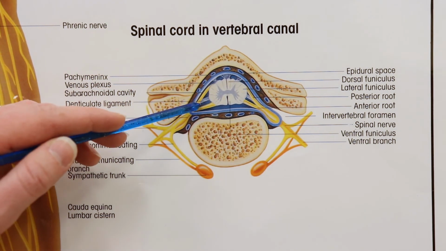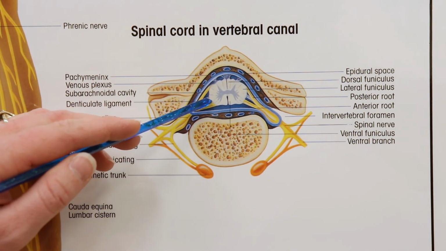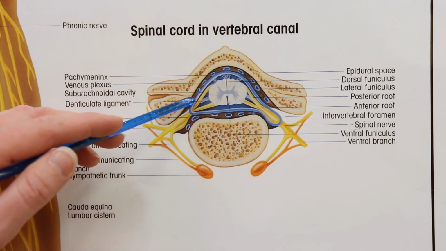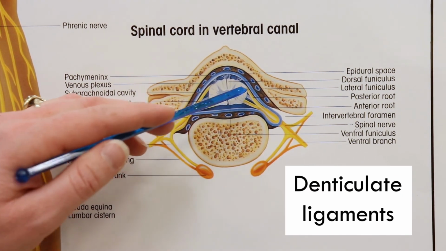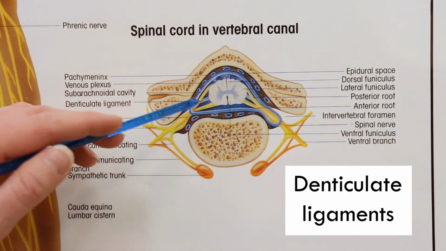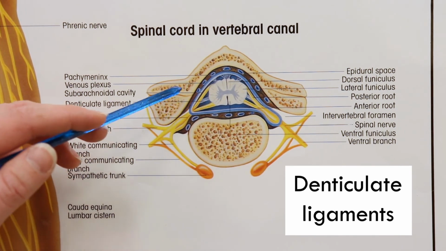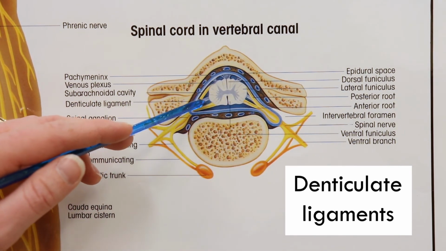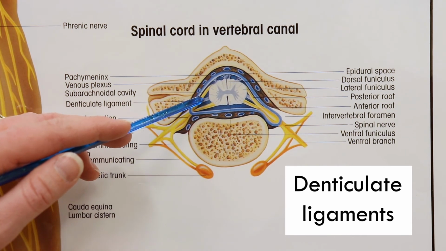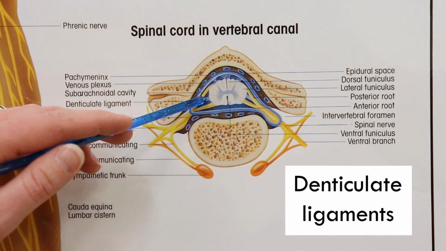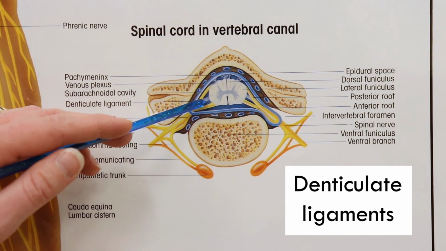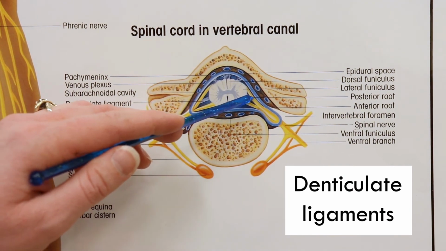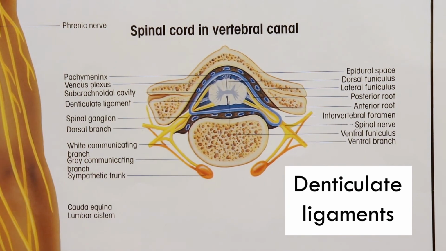One other thing is that we've got these connective tissue threads here. These are the denticulate ligaments, and they're going to anchor the spinal cord side to side. They look a little like floss, and so that term denticulate makes me think of dentists and teeth and floss. So these denticulate ligaments look like floss.